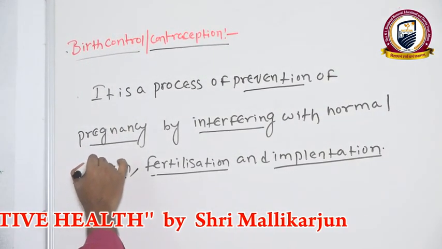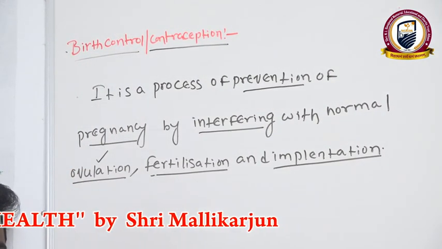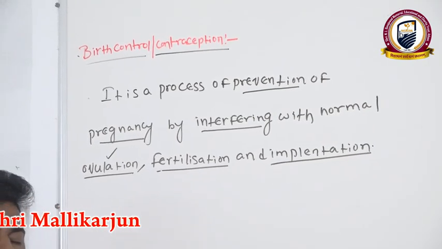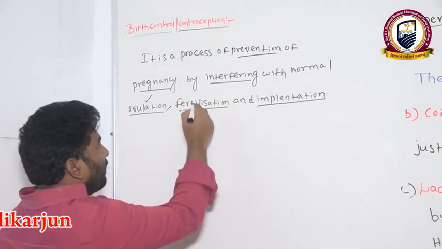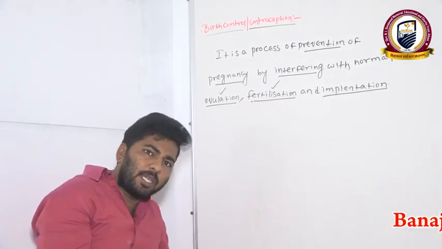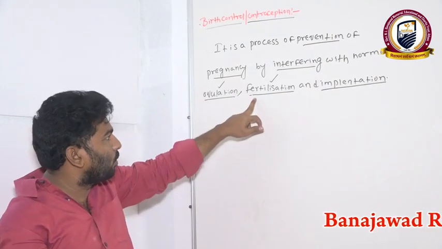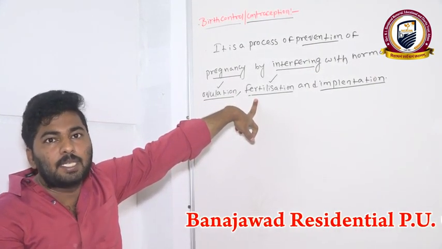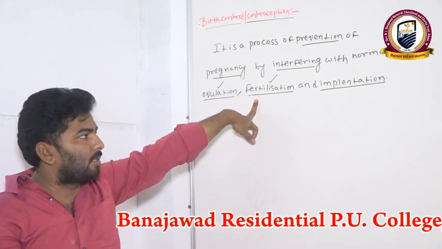If it interferes in ovulation, eggs are not produced, so there is no chance of pregnancy. If it interferes in fertilization, then even after eggs and sperms are produced, it stops the physical contact of sperms and eggs.